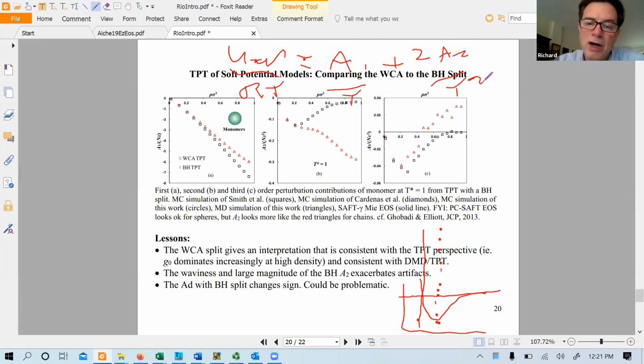All right, so now what do you think's happening with the energy in the Barker-Henderson split that's not happening in the WCA split? Maybe I should draw a picture of what the attractive part of the WCA split looks like. Do you see those little dotted lines down here? Yes, I do.